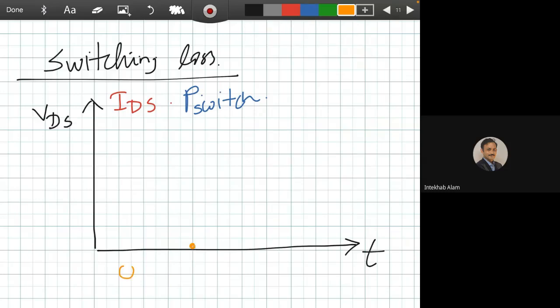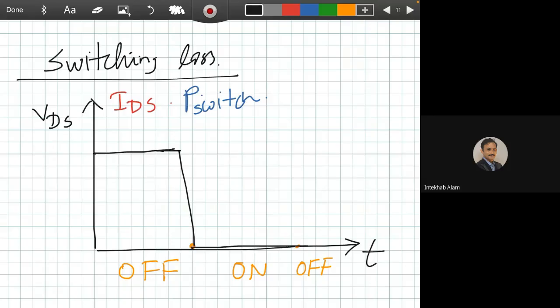Up to this point the switch is off, then the switch is on, and then the switch is off. When the switch is off, we have a VDS, and we have switch on here. So VDS will be 0.